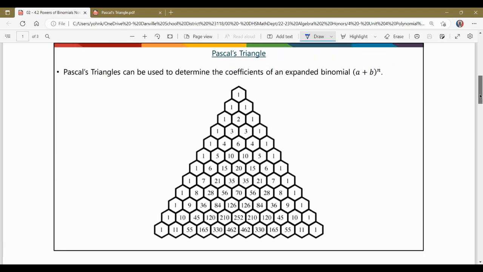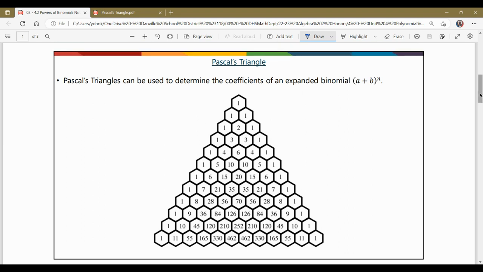So first things first, this is Pascal's triangle. Pascal's triangle gives you a quick way to find the coefficient that goes in front of each of the expanded terms in a binomial. It's interesting because in Pascal's triangle, the two previous numbers add to get the one below it.